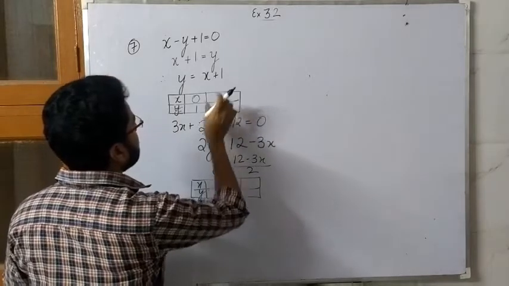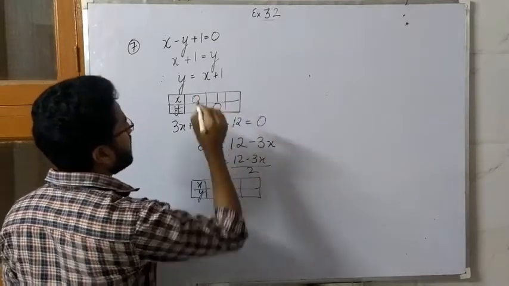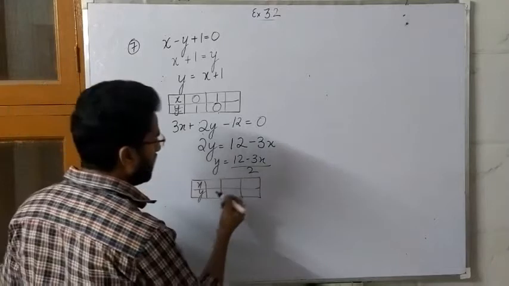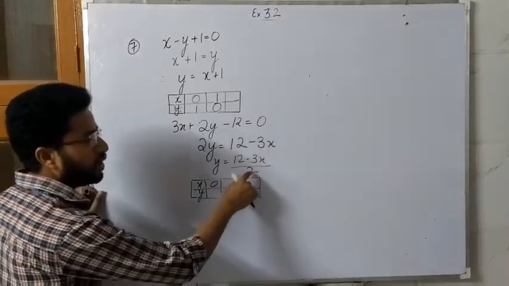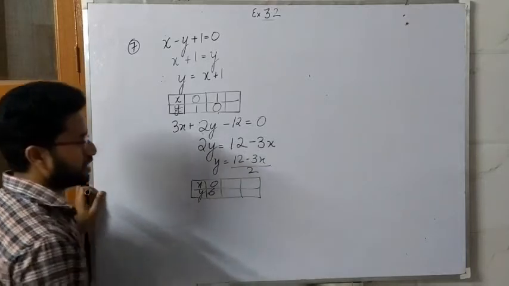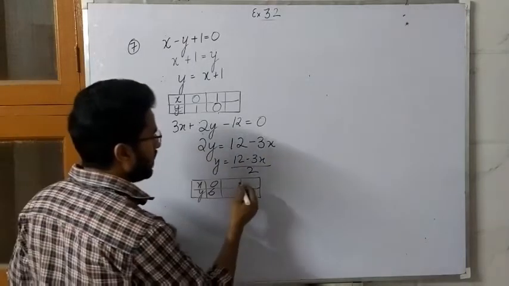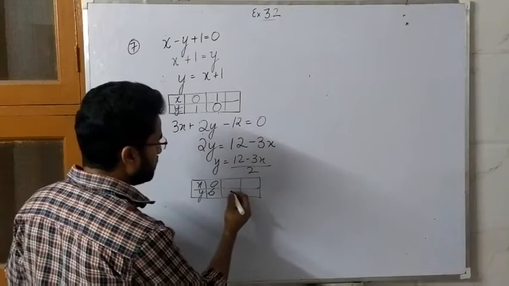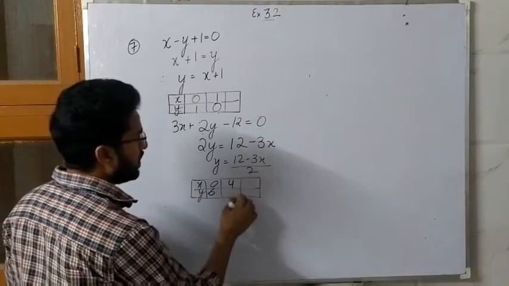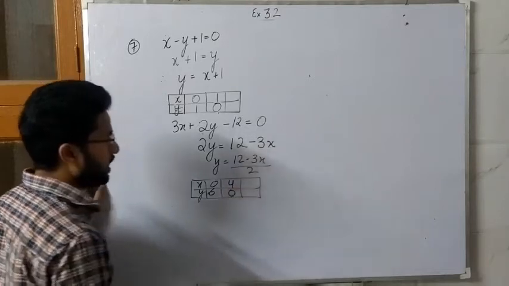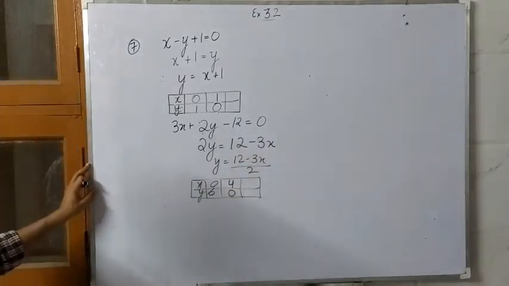Achha, do one thing, just put y equals 0, then x will come 1, okay? And here when you put x equals 0, 3 into 0 and 12 by 2 will give you 6, right? And when you put x equals 4, this will give you y as 0, right?